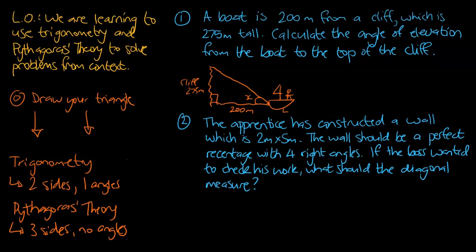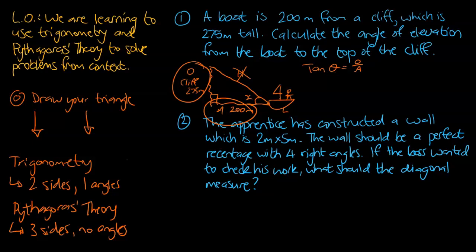Trigonometry, first step you've got to do is label your sides. So we've got the hypotenuse, which is opposite the right angle, opposite, which is opposite the given angle, and the adjacent. We don't care about the hypotenuse, but we do care about the O and the A, which means we're going to be dealing with tan. So let's get that in. Tan angle is equal to O divided by A. Let's substitute the angle, which is this theta.